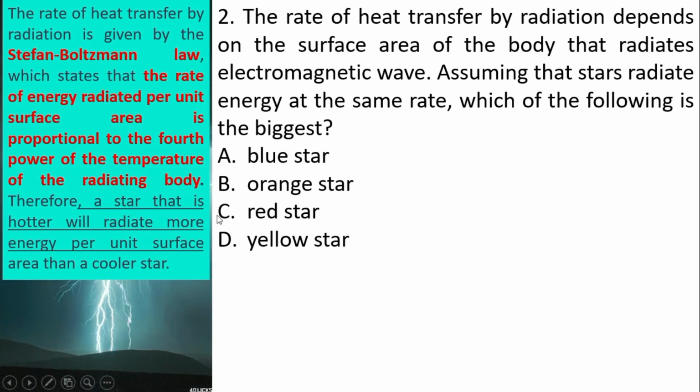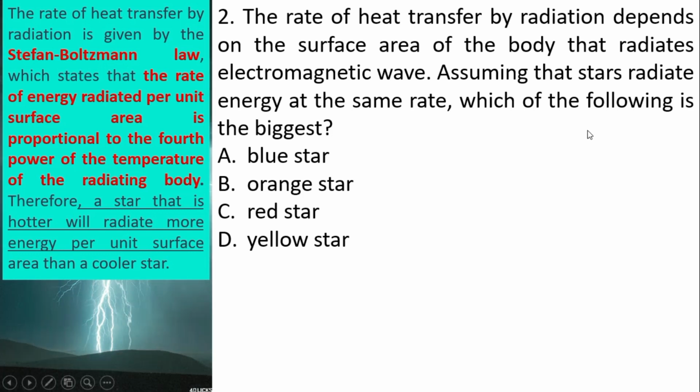The hotter star radiates more energy per unit surface, which also means that a colder star radiates less energy per unit surface. So in order for a colder star to radiate equivalent energy as the blue star, it should be bigger than the blue star, to attain the same rate of energy radiated by the blue star, although it is cooler.